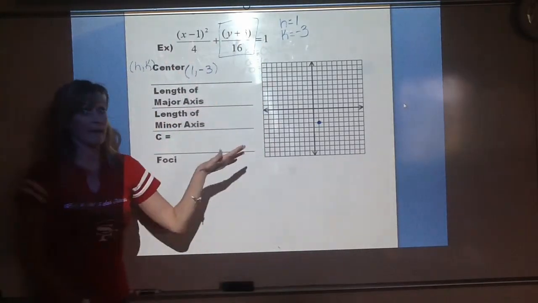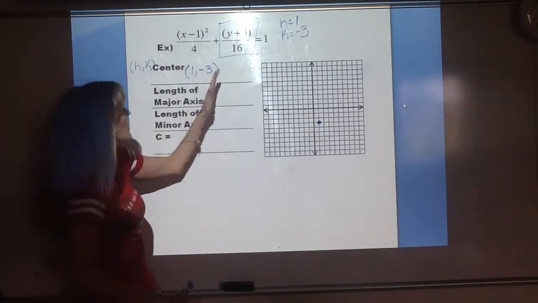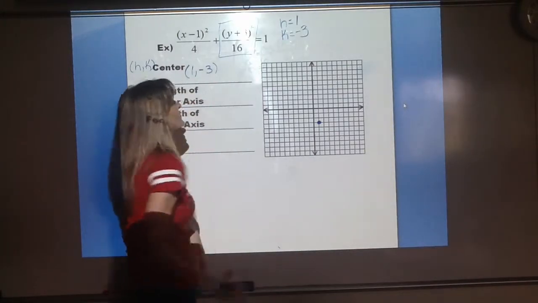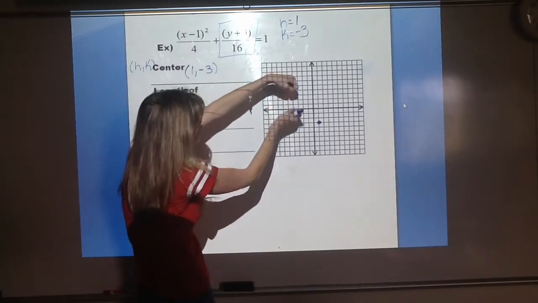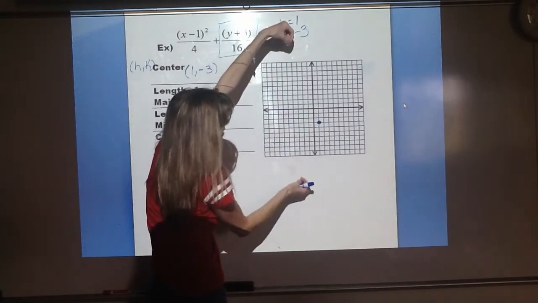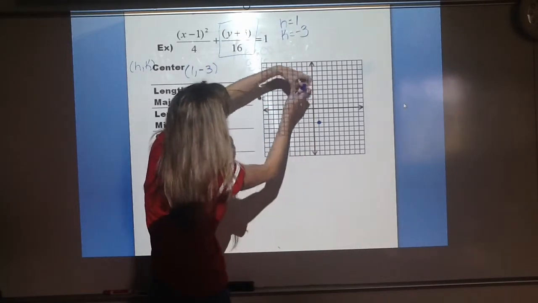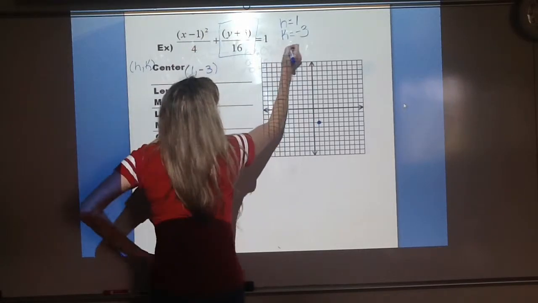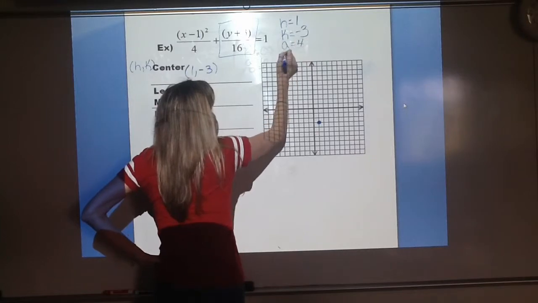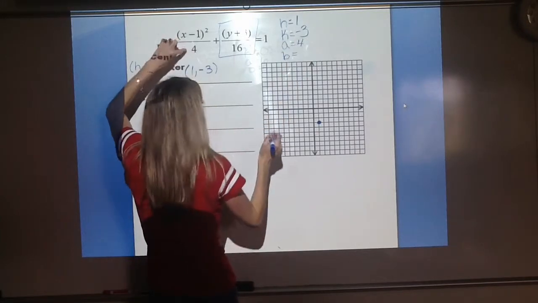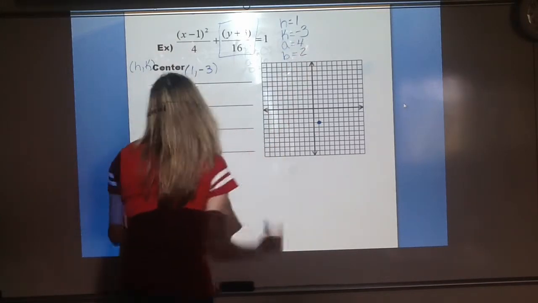So here's my bigger denominator. It's with the y. Since it's with the y, by the way, that needs to be squared right there, it is going to be stretched vertically along the y-axis. So I know that A is the square root of 16, so it is 4. B is the square root of 4, so it is 2.